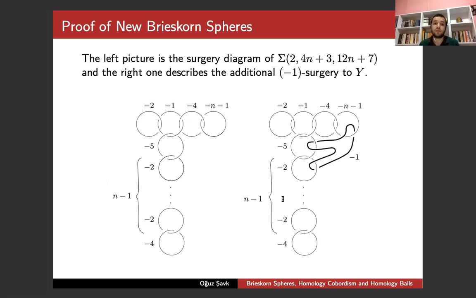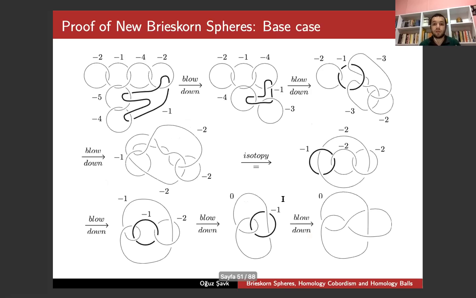On the left side, you see the surgery diagram associated with our Brieskorn spheres, and the right one describes the additional -1 surgery. This is the base case, the n equals 1 case, of our proof. As you see, we always blow down -1 components so that we reach the three-manifold Y.